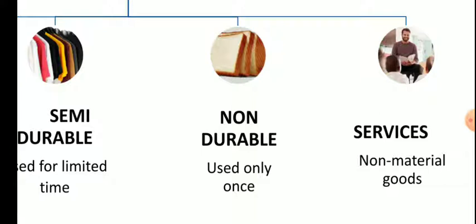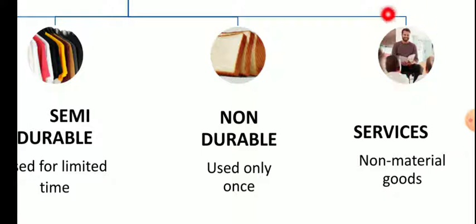During this pandemic, as we know, all the health workers are working heart and soul, giving their full time, dedicating their whole life to treat the patients. So this is a service. Teachers are also taking classes through online modes, providing you services. So these are non-material goods, but they can directly satisfy the wants of human beings.